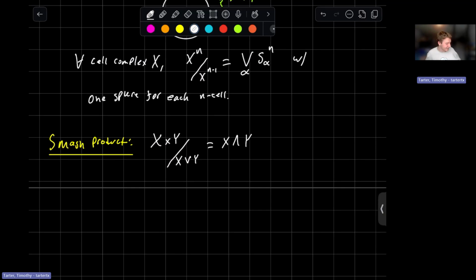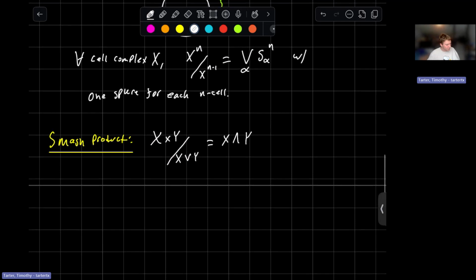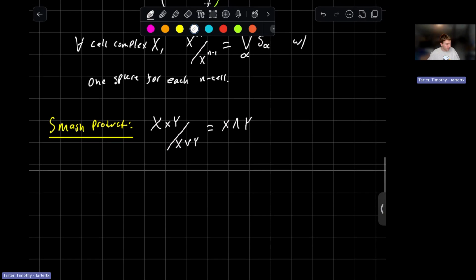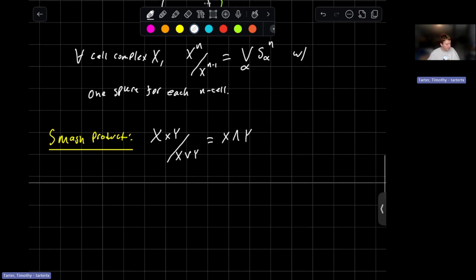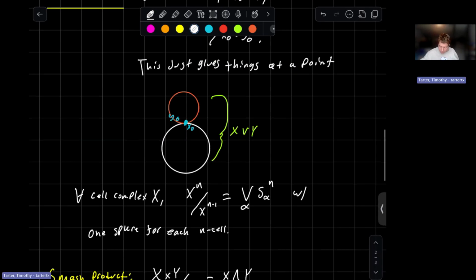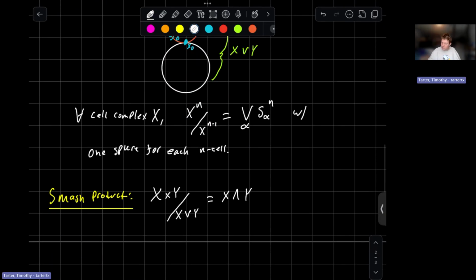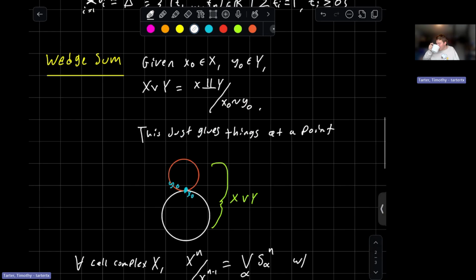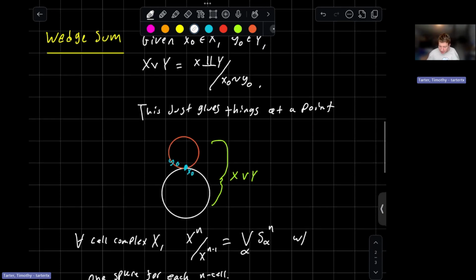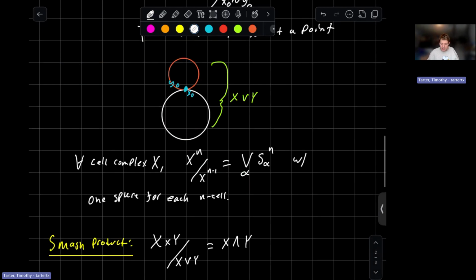It is a reduced version of the product obtained by collapsing away the parts that are not genuinely a product, the separate factors X and Y. So then this is the product mod the coproduct, mod at a point.